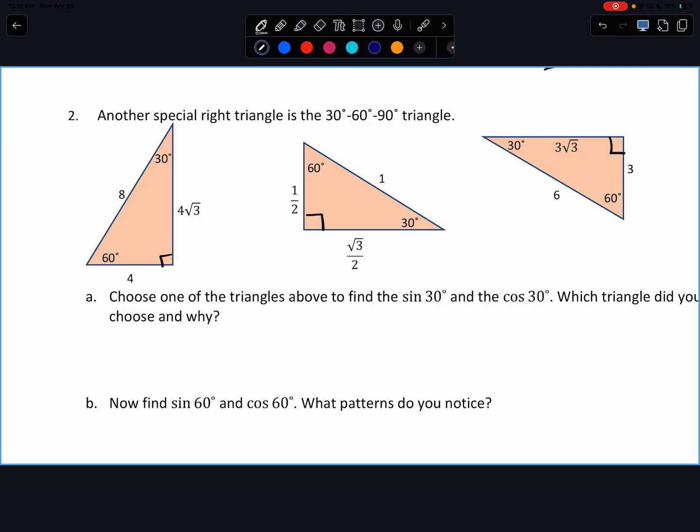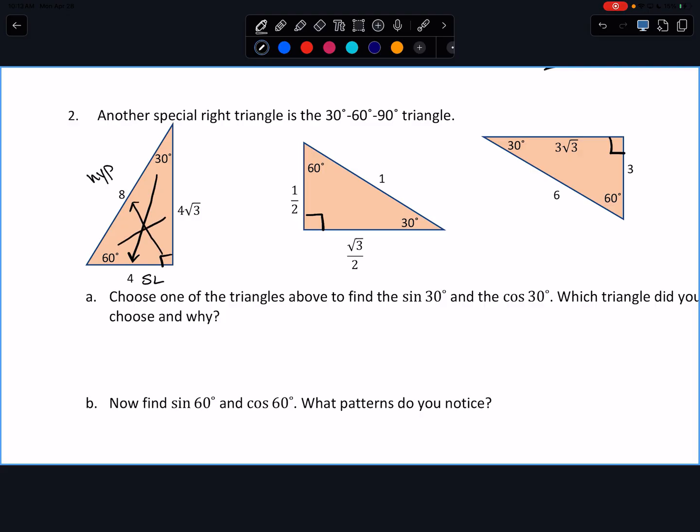Do you see that? The side across from the 30 is going to be the smallest. The side across from the 90 is always the biggest. So I actually call these short leg and long leg. Do you understand why I'm saying that? So across from the 30 is going to be which one? Short leg or long leg? Short leg. Across from the 90 is always called hypotenuse.